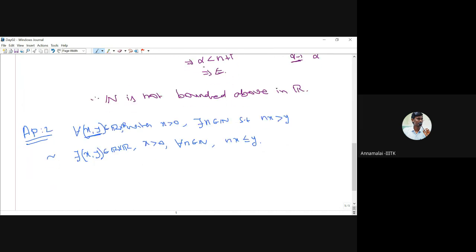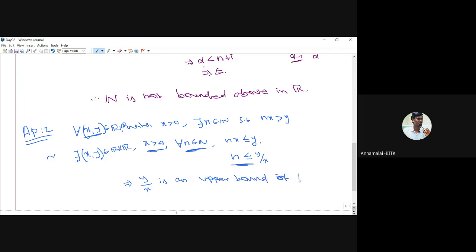Since x is a non-zero number because it is positive, we multiply by 1 over x on both sides and get n less than or equal to y by x for every natural number. So this y by x is an upper bound, because every natural number is less than or equal to this number.